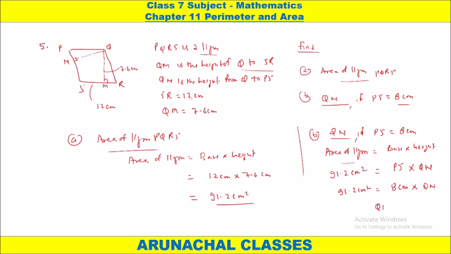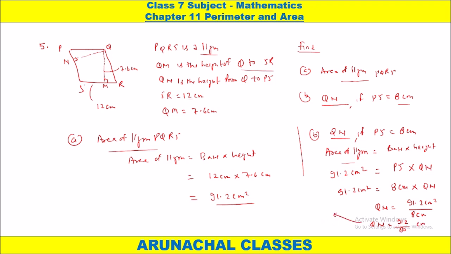So QN will be equal to 91.2 centimeter square divided by 8 centimeter. If I divide this one, QN is equal to 912 divided by 80 centimeter.